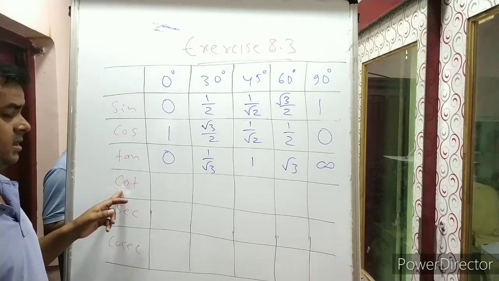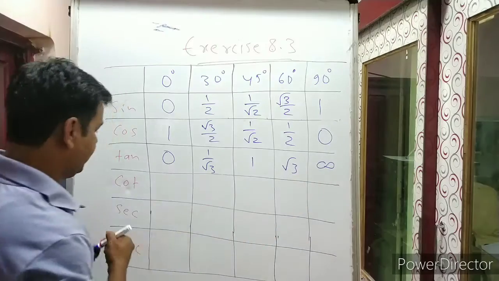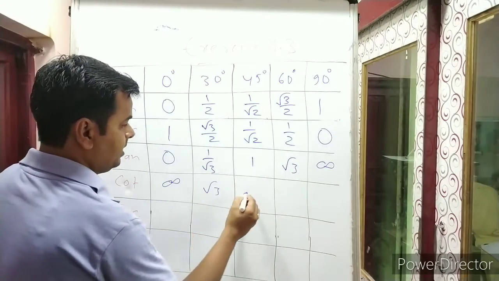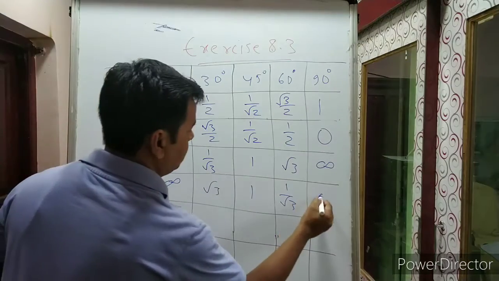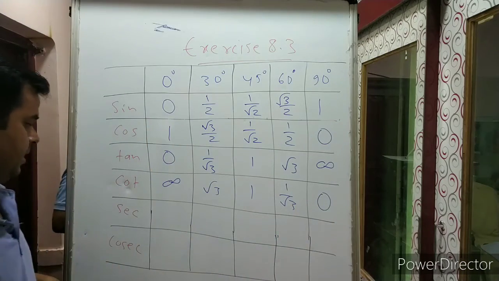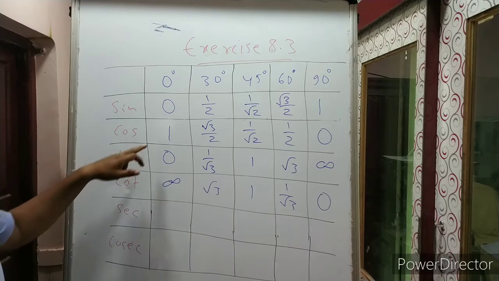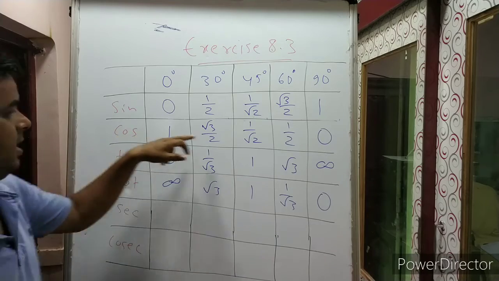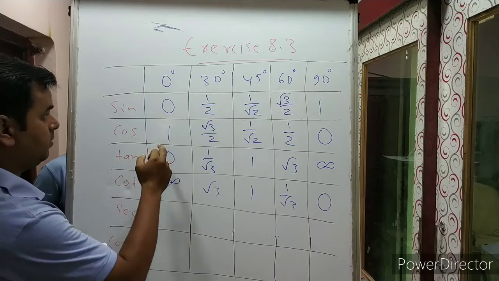In the case of cot, just write in the reverse order. This infinity should be here, this root 3 right here, 1 upon root 3 here, then 0 here. Sec is 1 upon cos. So if we take 1 upon these values, we can get all the values here.